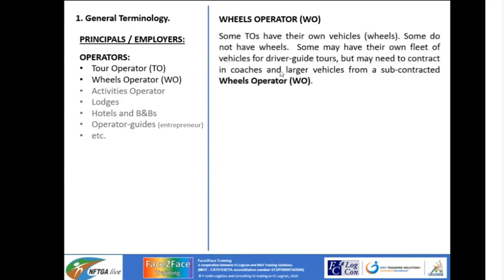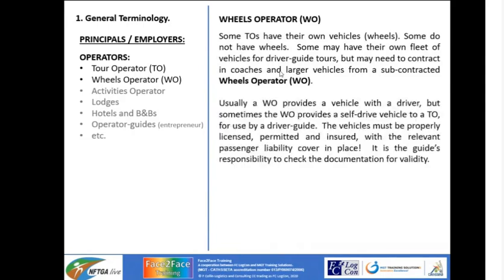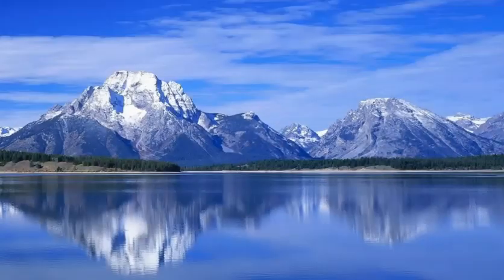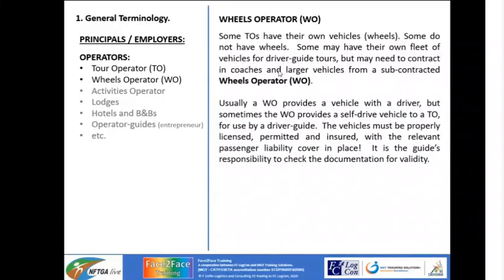So wheels operators, we've already covered. It is the people that subcontract vehicles. They usually provide the vehicle with a driver, but sometimes they provide it as a self-drive. Now, what we didn't mention before, the vehicle has to have licenses, permits, insurance. If you're a guide and you are driving this vehicle, you are responsible for checking that the documentation is valid and up to date. If you get stopped at a roadblock and the permit on the windscreen has expired, it's not only the wheels operator that will get the fine, you will get the fine in your personal name because you were driving an illegal vehicle.